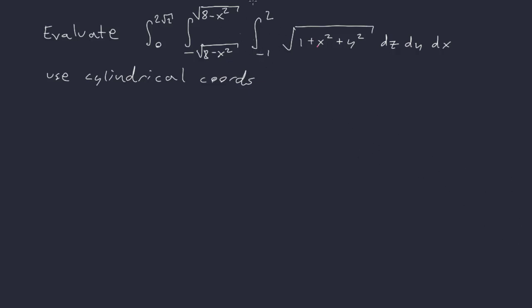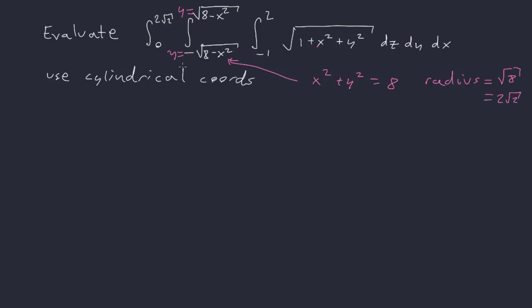If we clean this up a little bit, remember here these are just z limits, but in here these are y limits. And if we clean that up, square both sides and move this x squared over, on both of these we end up getting x squared plus y squared is equal to 8. So this is the circle of radius square root of 8, which actually ends up being 2 root 2.